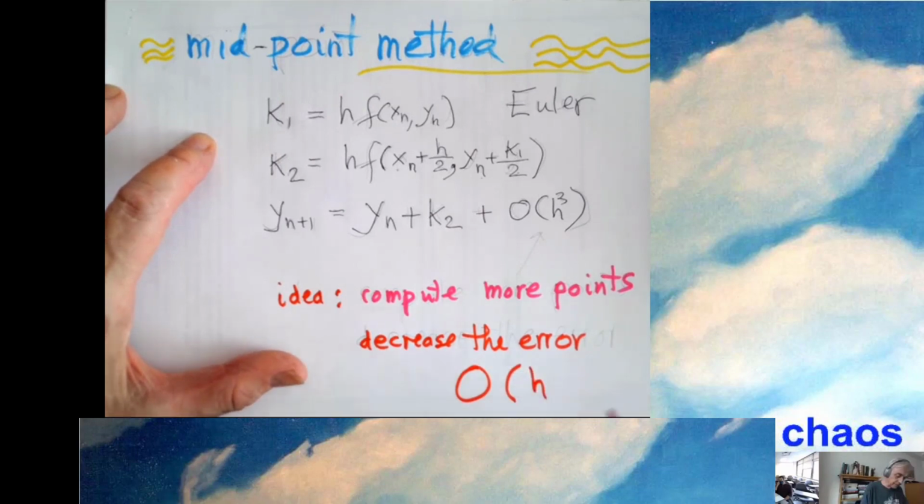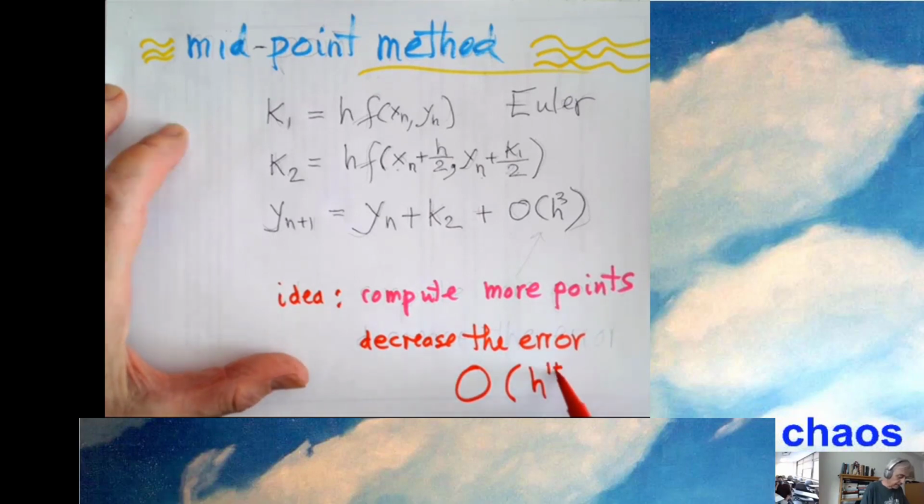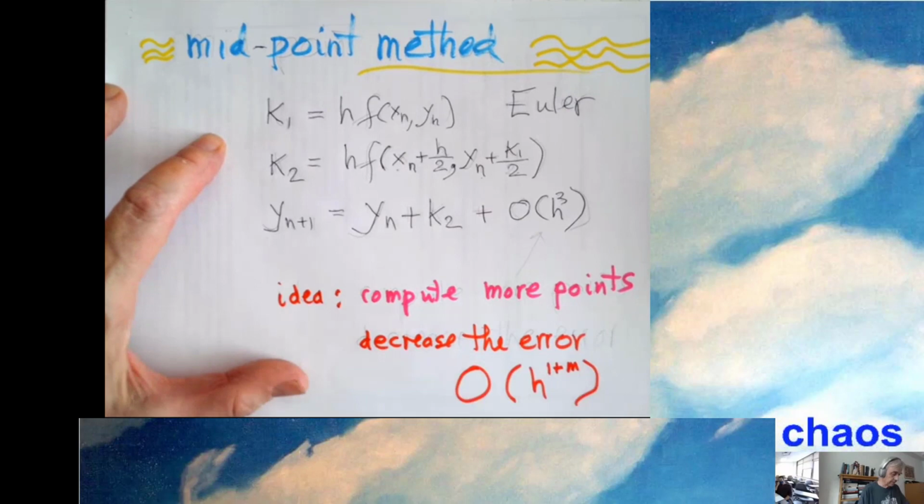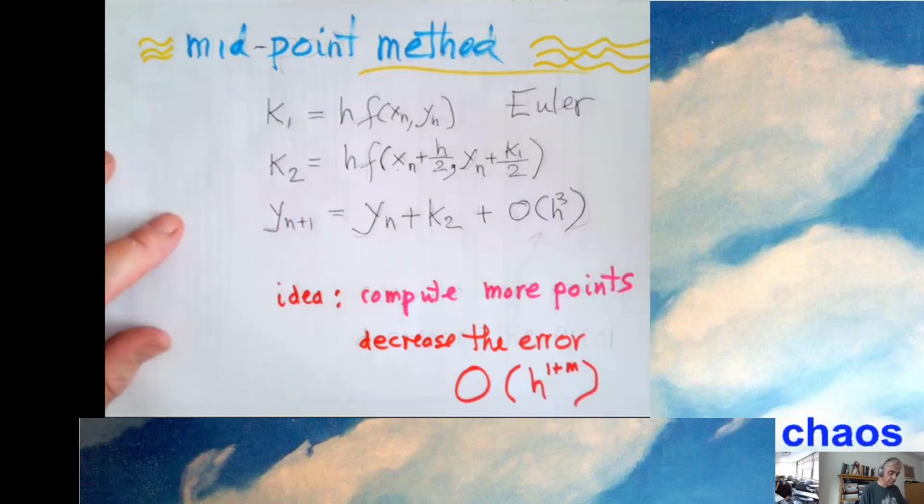And you find out that you can make the error be a small number to the power m, where in this case m is 2, but when you get smarter, m is 3, 4, 5. So this is the fundamental idea of improving integration if you don't know anything about a system.